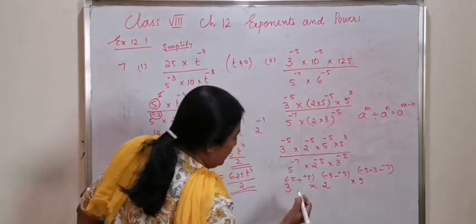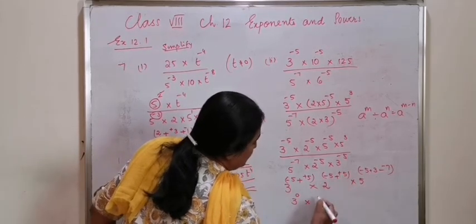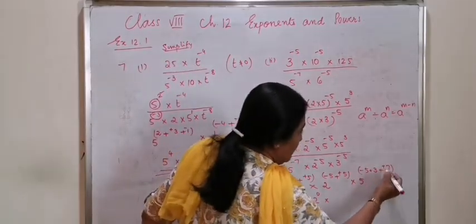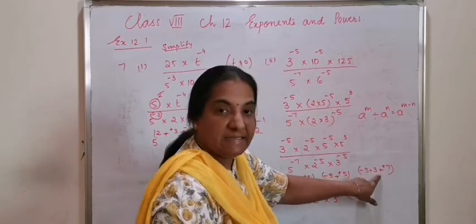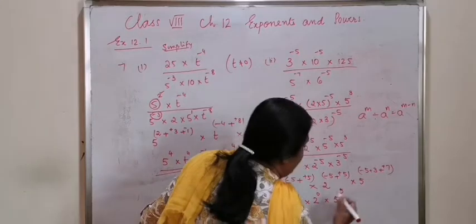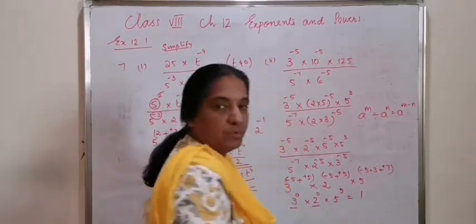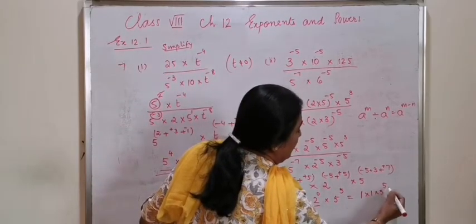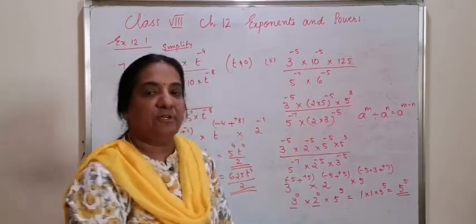Let's see, that is 3 to the power of 0 into 2 to the power of 0 into 5 to the power of 7 plus 3, 10. 10 minus 5 is 5. 5 to the power of 5. 3 to the power of 0 and 2 to the power of 0 both are 1. 1 into 5 to the power of 5, so the final answer is 5 to the power of 5.